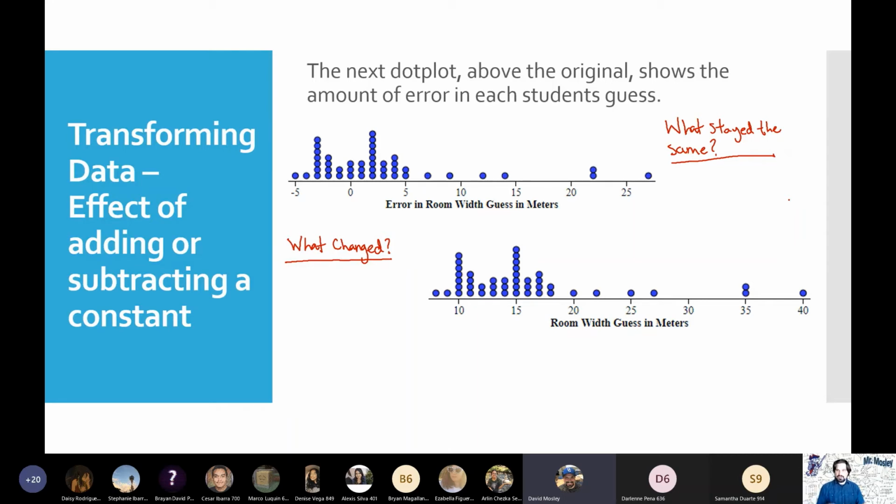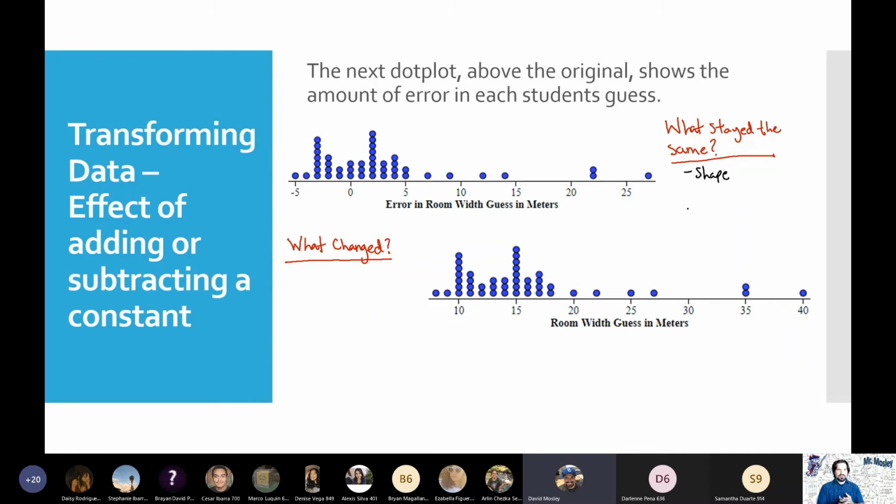Yes, the shape stayed the same. We can kind of observe that, like the shape looks exactly the same. So our shape stayed the same. That's one. What else, guys? What else stayed the same or changed?